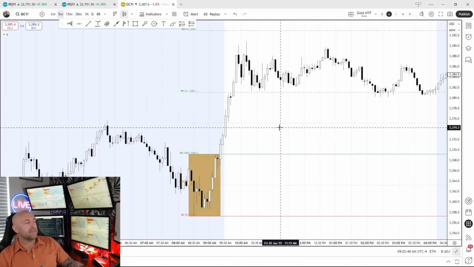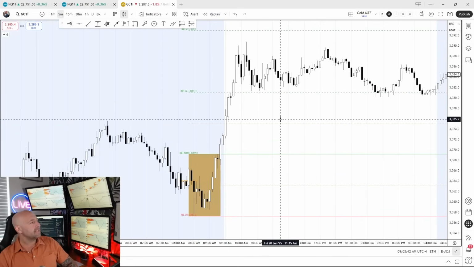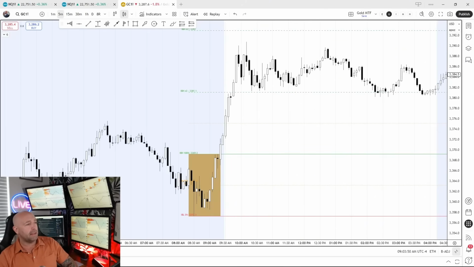Okay, so let's go over the different setups. First, we're going to go over the price discovery breakout or the price discovery continuation. Okay, this setup, what we look for is a break of the initial balance and hold or acceptance above it. In this case, we got the break. It never looked back. All right, so you had to buy the breakout. We sold off a little bit at the IB extension 2. We pulled back, and you could have grabbed another long.